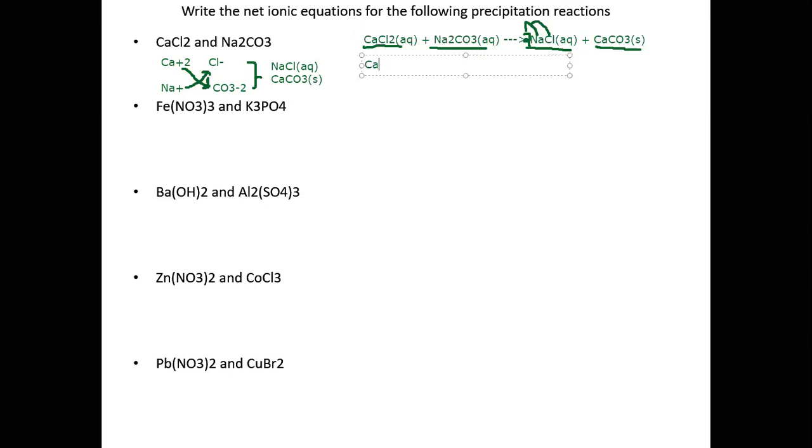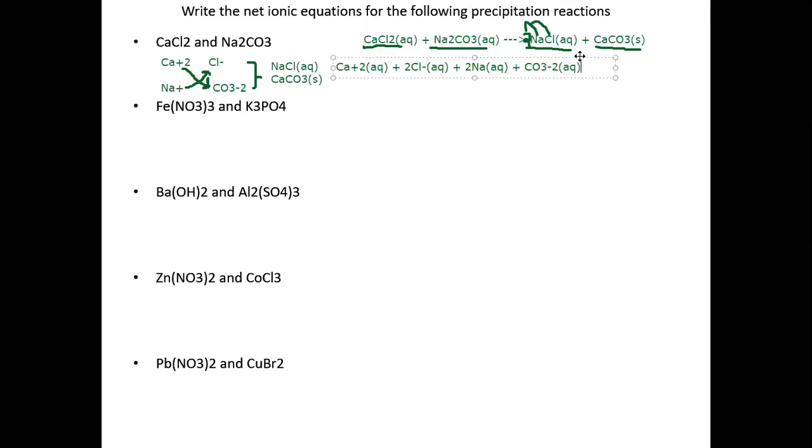So we get, and again, a common mistake is students will put Cl2 minus, and it should be 2Cl minus. That's all the reactants written as ions.